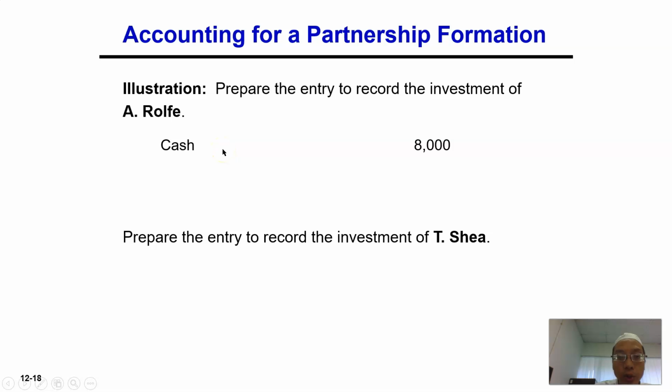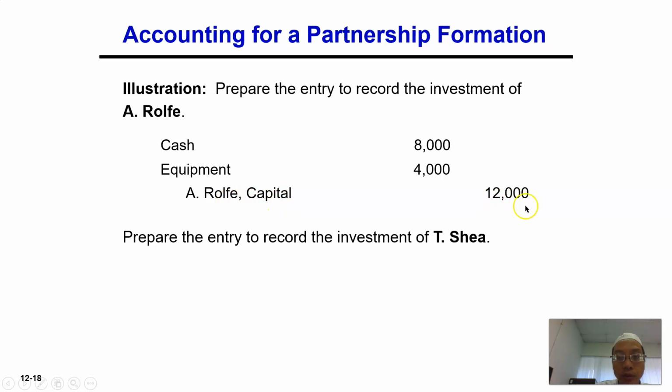How should we record the transaction for Rolf bringing his old business into the partnership? We need to debit the assets that he brings in, which is cash $8,000 and equipment at fair value, which is 4,000, and together 12,000 is credited into Rolf's capital account.